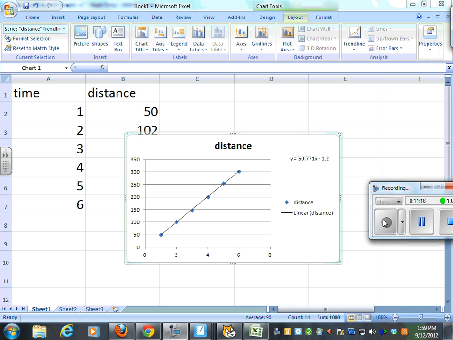Pi r squared. That's the area of the circle, but I want to know the volume. Times the height. Very good, sir. You'll also notice that it's right here. Volume of a cylinder is pi r squared h.